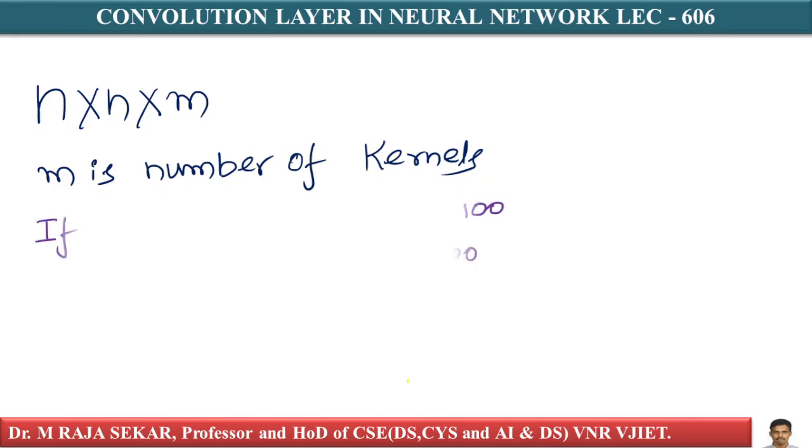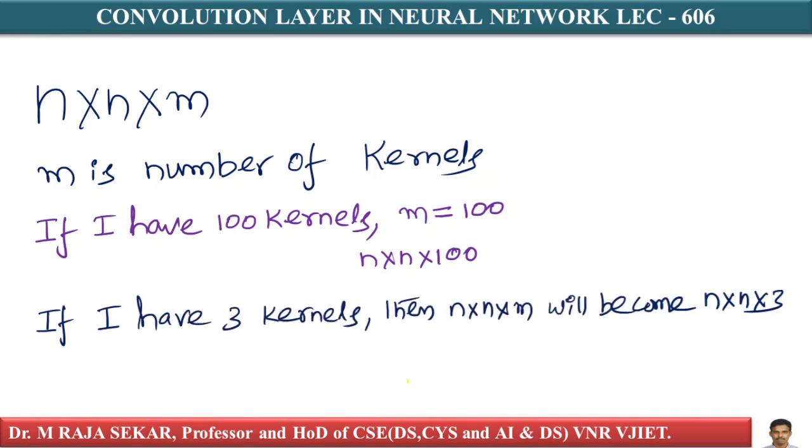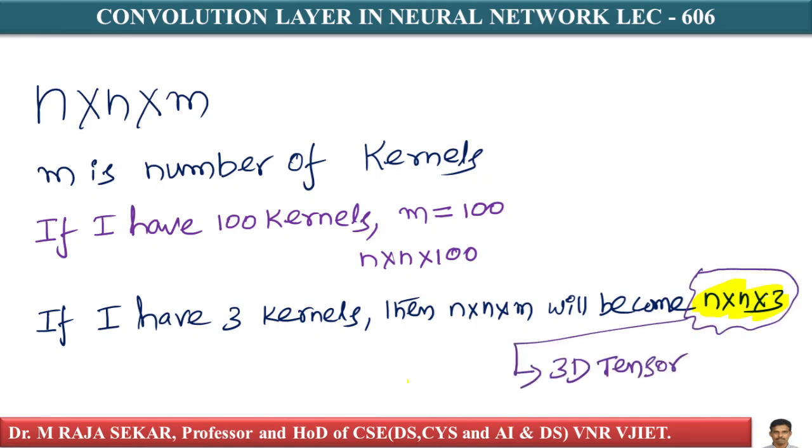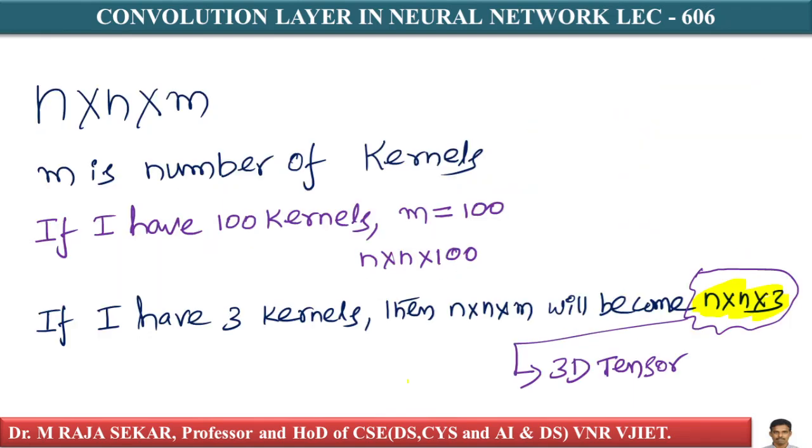If I have 100 kernels, this will become n cross n cross 100. If I have 3 kernels, then this will become n cross n cross 3. It's a 3D tensor, isn't it?